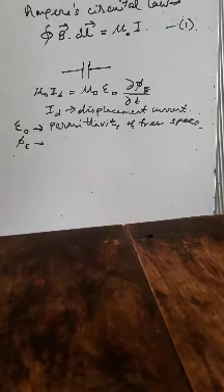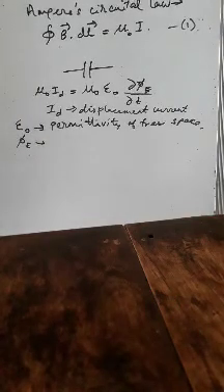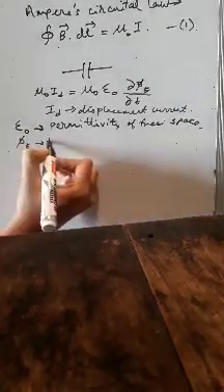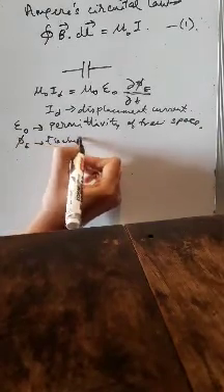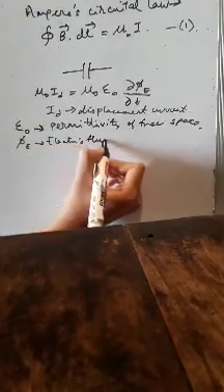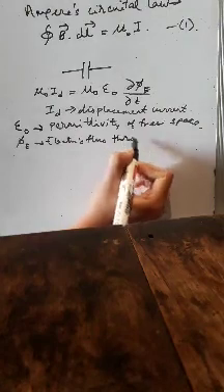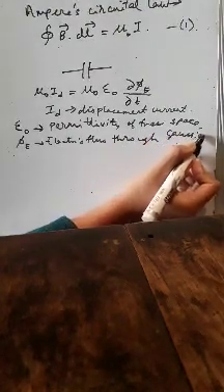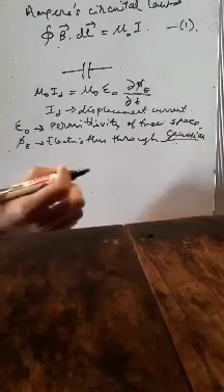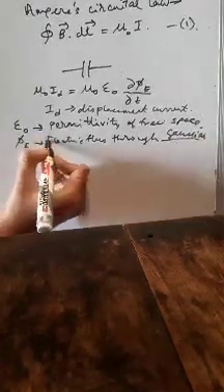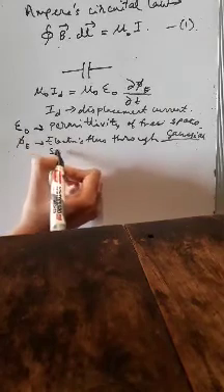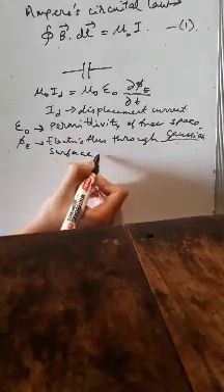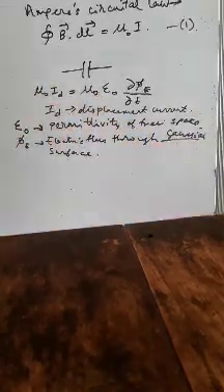I hope you have come across this term electric flux in your previous chapters. Electric flux through a Gaussian surface. I hope you have come across this term Gaussian surface in your junior classes and in the previous chapters also.